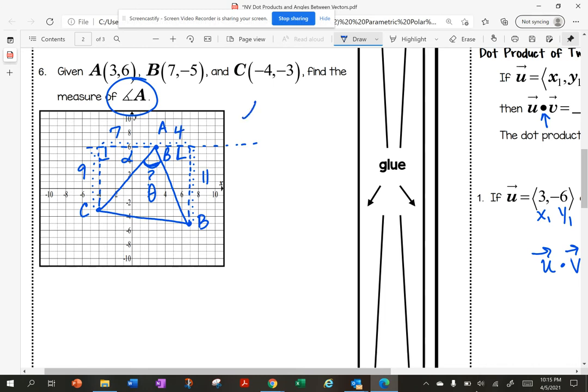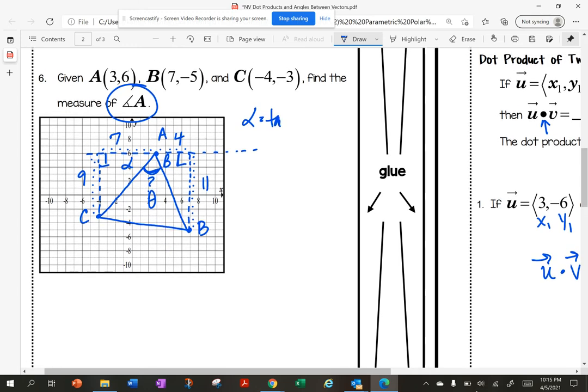Okay, so let's find alpha. Alpha is the tangent inverse of y divided by x. So 9 divided by 7. So I get 52.125 degrees.